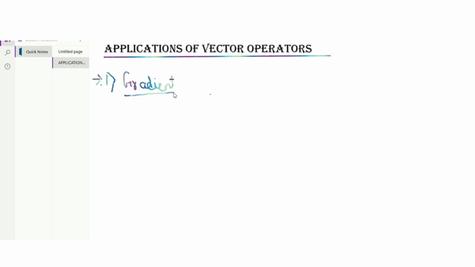To understand it, first of all, I will write the formula of the del operator or the vector operator so that you can understand its meaning in a deep way.